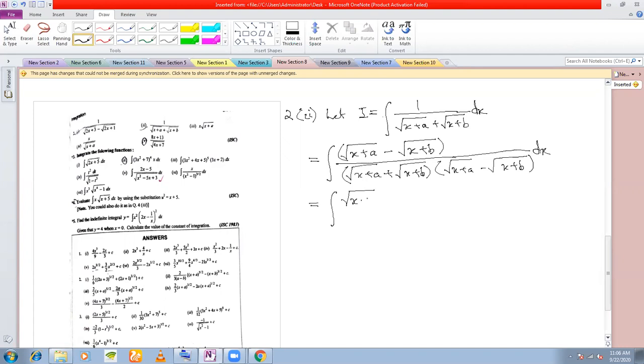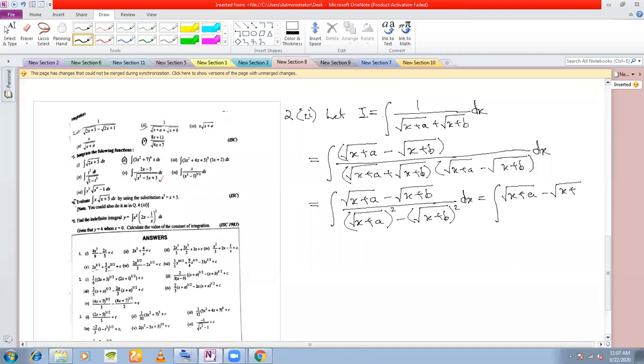is root x plus a minus root x plus b divided by, this is a plus b into a minus b, which is a squared minus b squared, dx. So this is the integration of root x plus a minus root x plus b divided by x plus a minus x plus b.